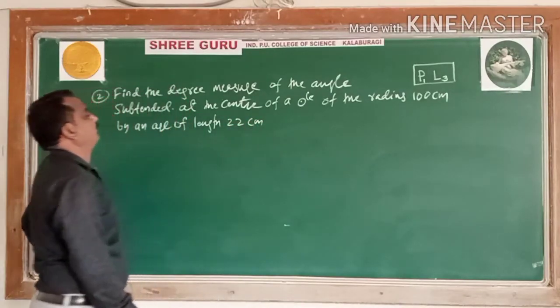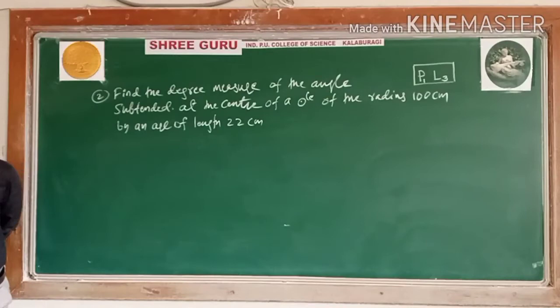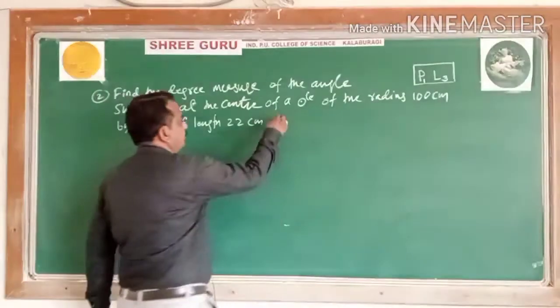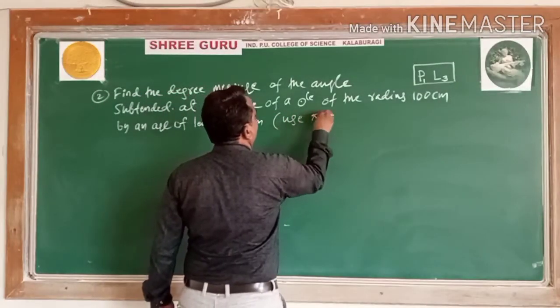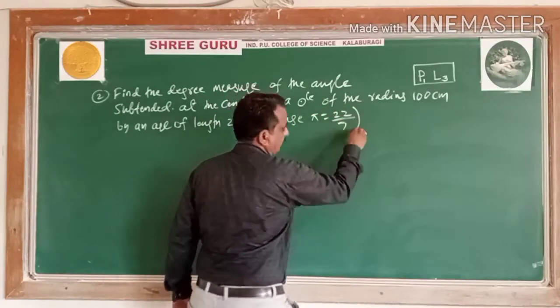Students, I will write the circle like that. Use pi is equal to 22 by 7, which is also given here.